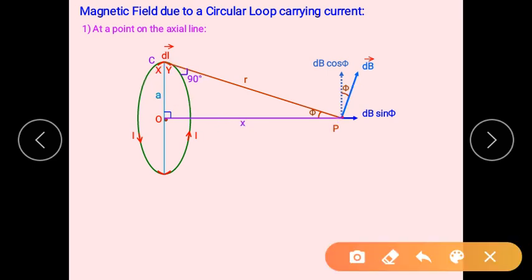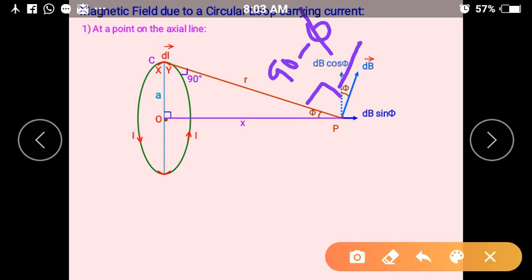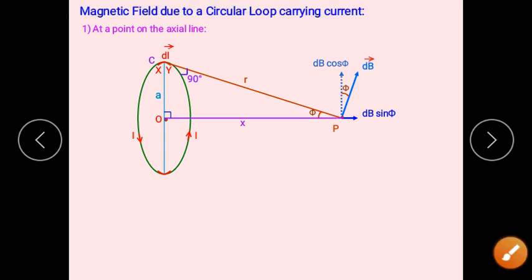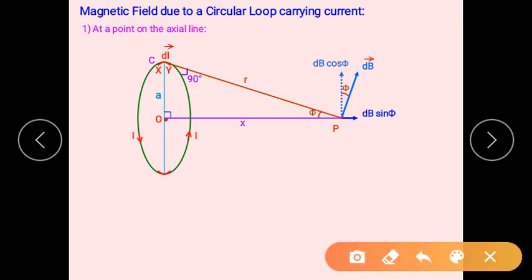So we have got this angle as 90 degrees, but we supposed the other angle as phi. Therefore, this angle will be 90 minus phi.